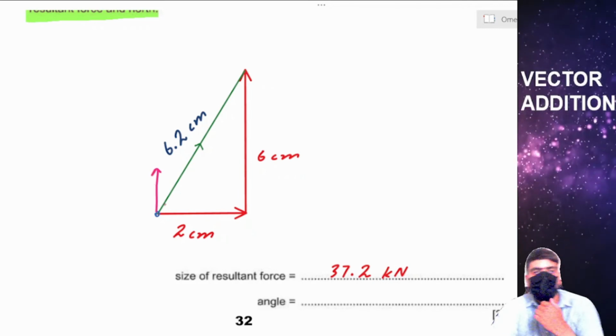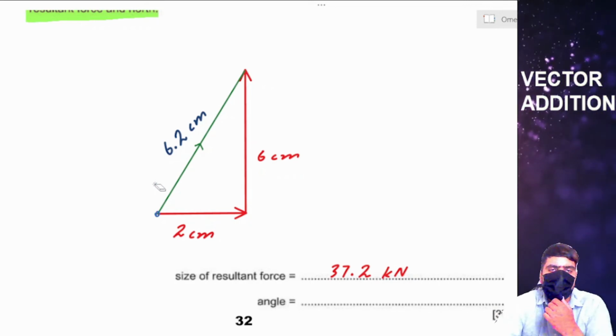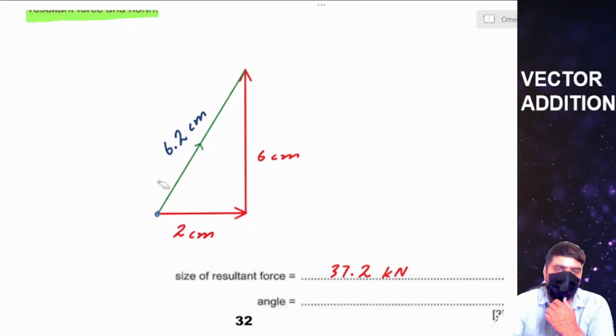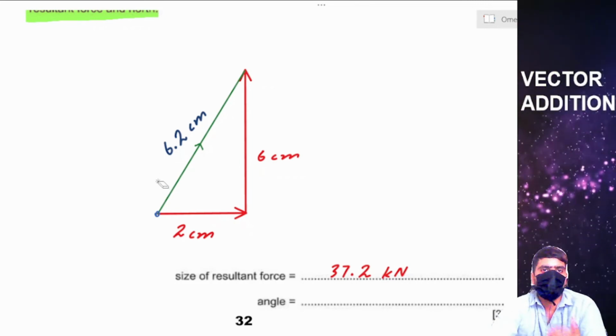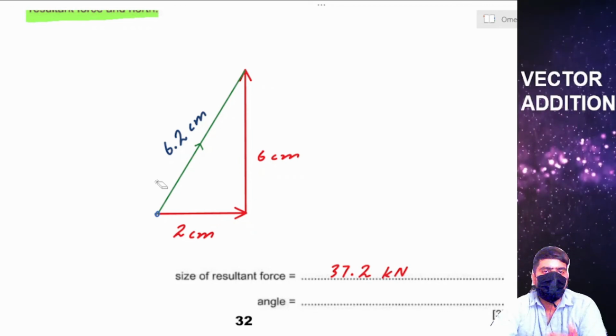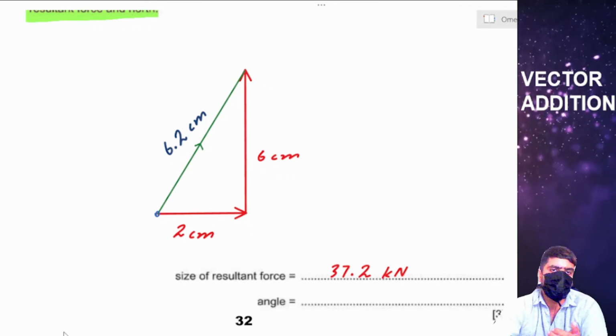According to the mapping system, this is the north, and you need to find the angle between the north and the force. So once again, the easiest way is simply find the angle using the compass, using the protractor.